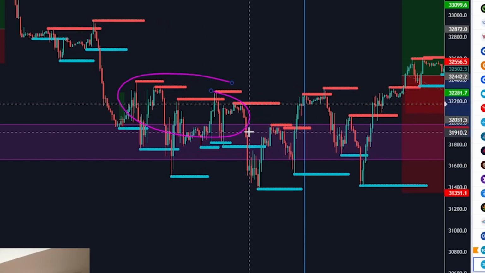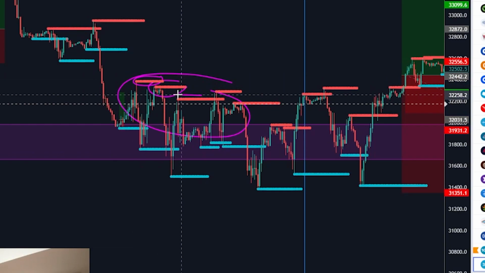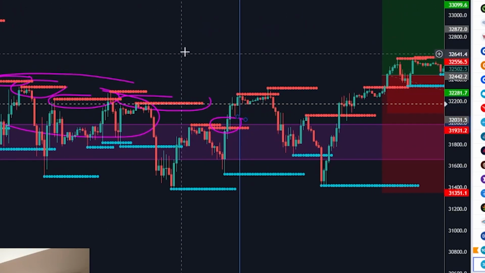As a trader, you're looking at this and saying, where is a good entry to go long? Well, if you look at these red areas here, at no point in time on the 1 hour time frame is price breaking that structure until right here. Okay?